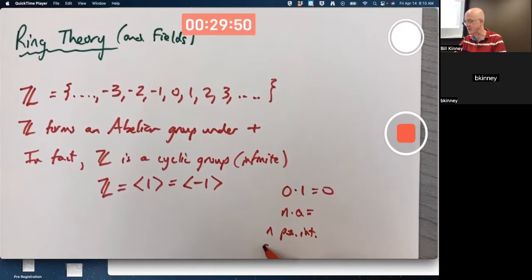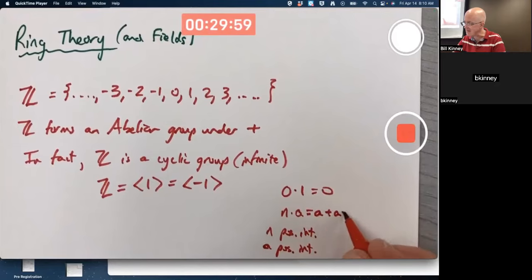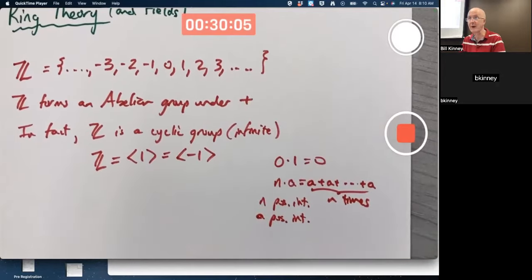I'm thinking of a as being the thing that is being not exponentiated, but added to itself n times. Of course, since n and a are both positive integers here, I could also think of this as n added to itself a times. Okay, and you do get the same answer, as we know.